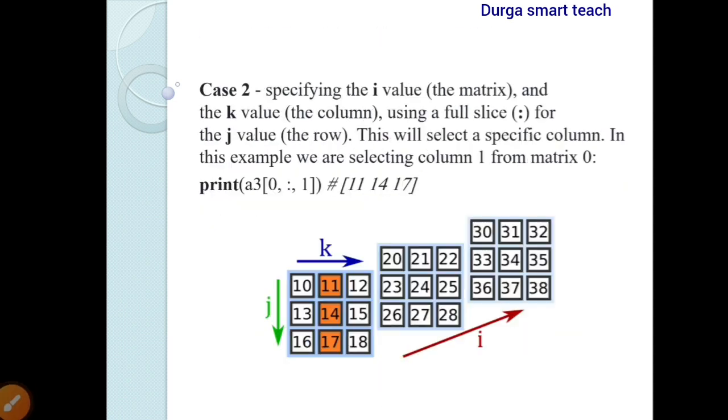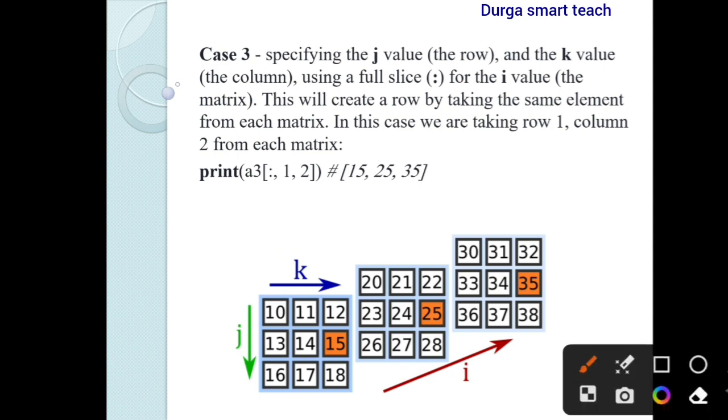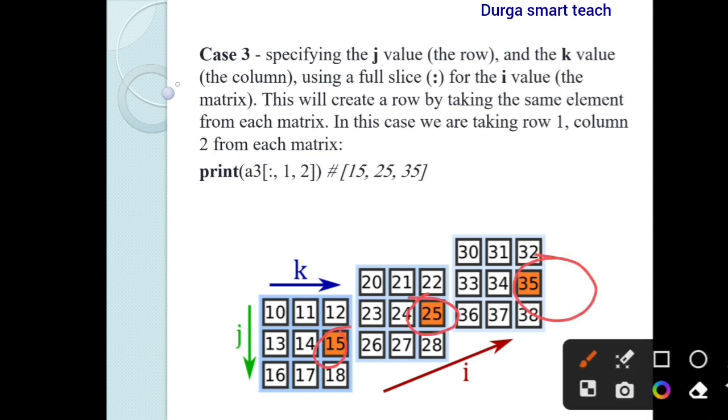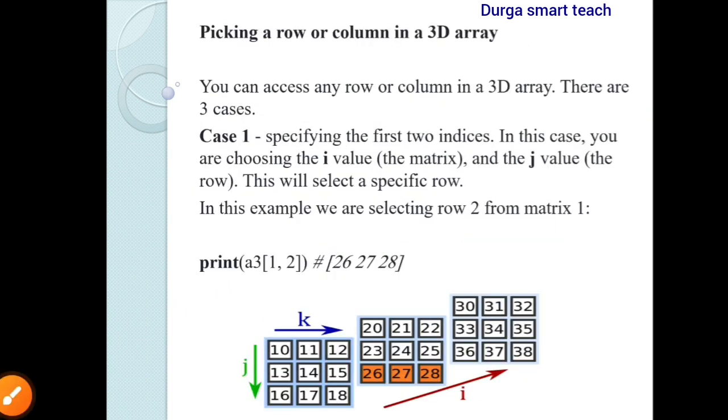One more case is the third case. If you want to access an individual element in every plane, I want to access 15, 25, 35. For three-dimensional arrays, it contains three parts.